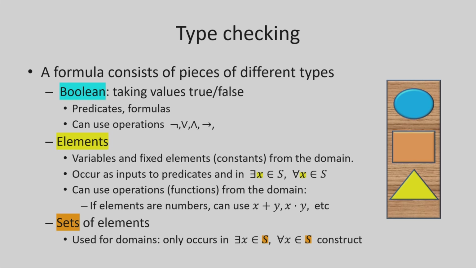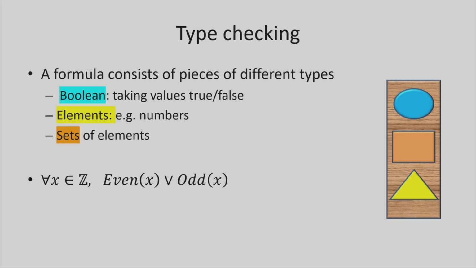So let me show you on an example. Suppose you have a formula: for all x in Z, even(x) or odd(x). So what are the types of different objects here? We've got two predicates that are connected by an OR. We've got one variable x, which is an element, and it's a member of a set of integers.